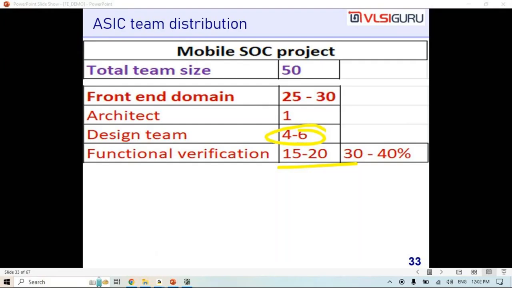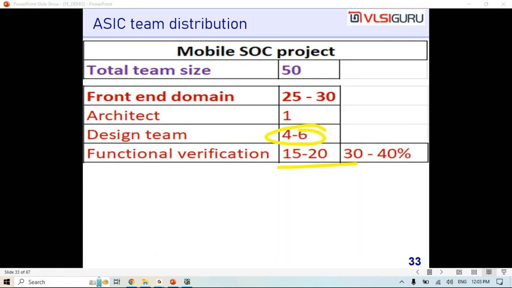I'll go to ARM company and tell them I want your processor IP. Processors from Qualcomm and others that go into most of our mobile phones are based on the ARM architecture, either ARM version 8 or version 9.